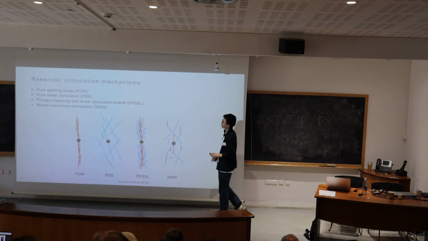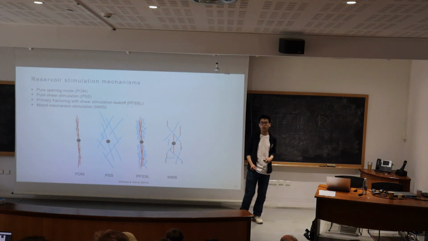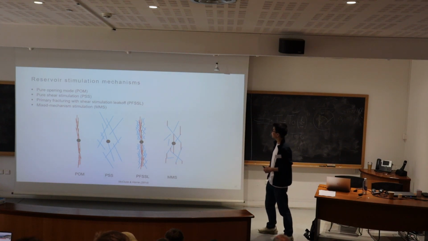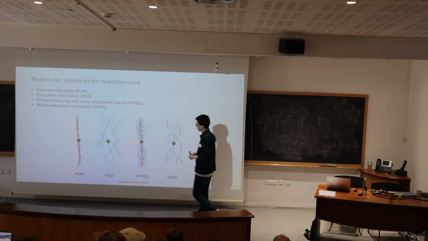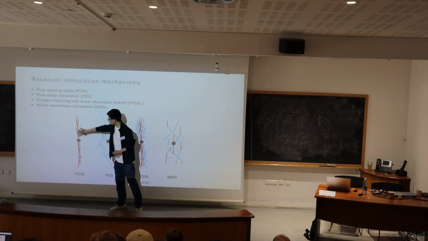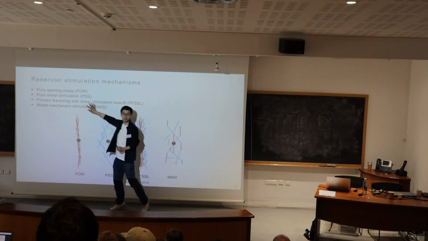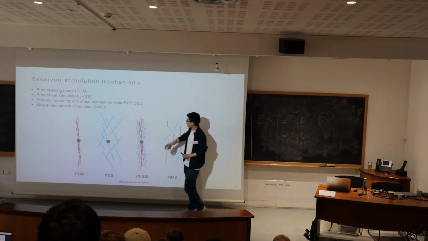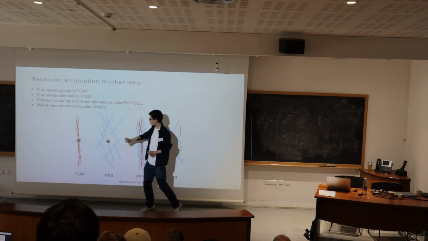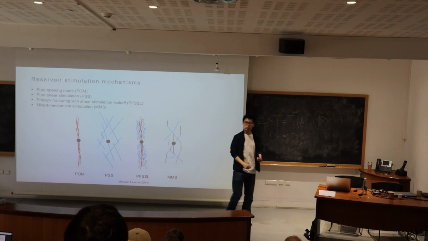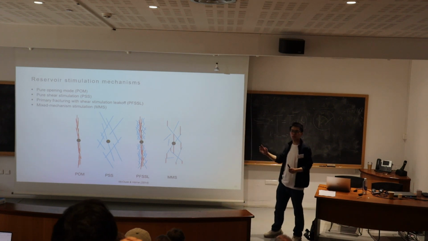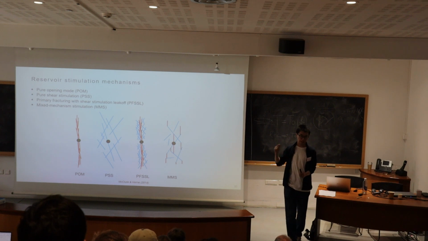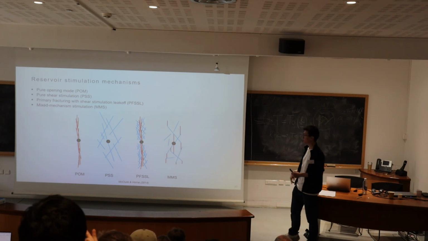Several mechanisms have been proposed for EGS stimulation, including the pure opening mode. Basically, we just create a new fracture, like a hydraulic fracture. The other one is pure shear stimulation, where we don't create new fractures. We just reactivate the existing fractures through shear dilation, which I mentioned before also.